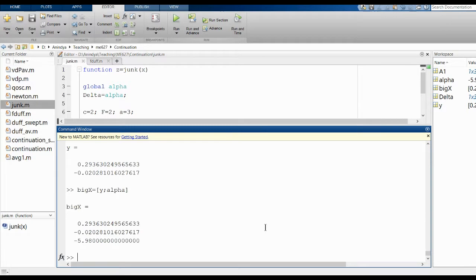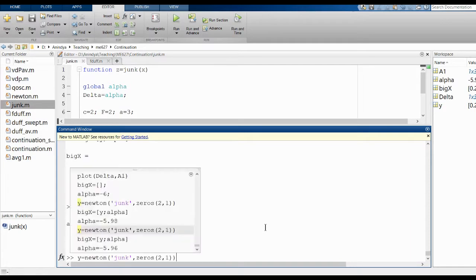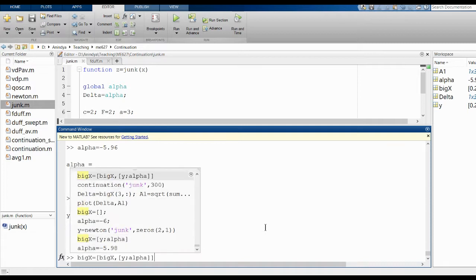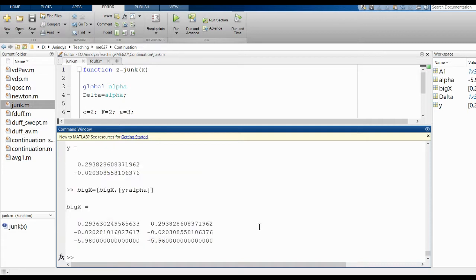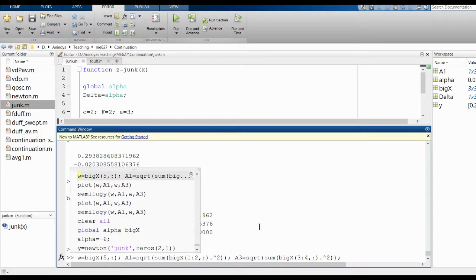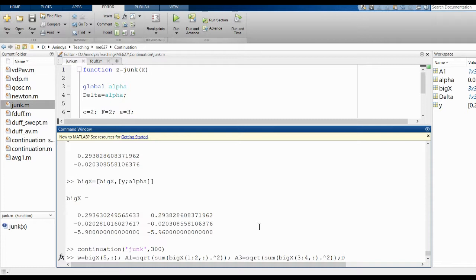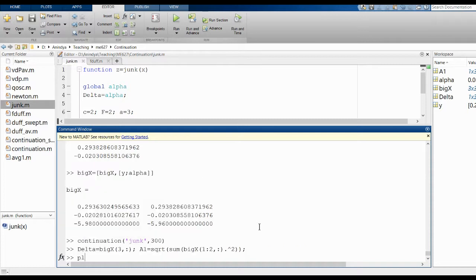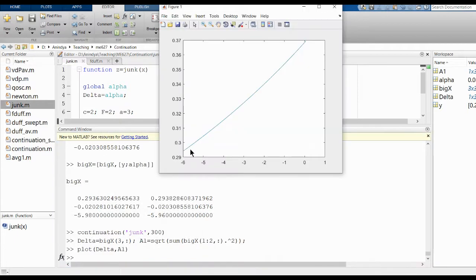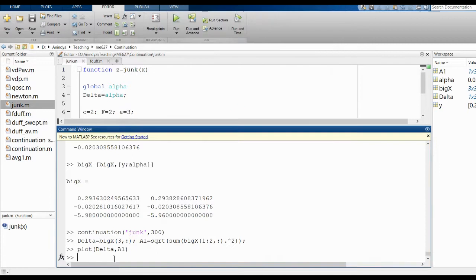Doesn't matter. This is what I want. This should be all right. Yes, there it is. It is still going. We have to run it longer.